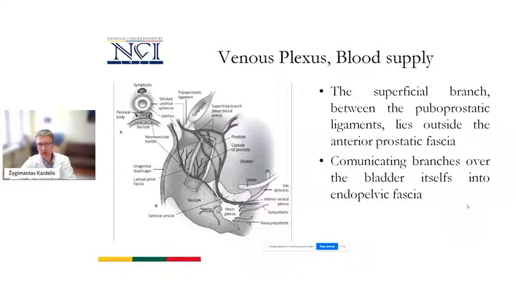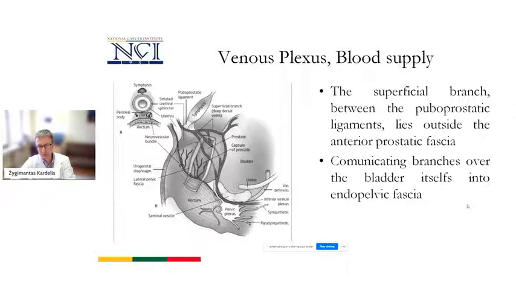Venous plexus and blood supply. The superficial branch between the puboprostatic ligaments lies outside the anterior prostatic fascia. Communicating branches over the bladder itself go into the endopelvic fascia. The common trunk above the urethra and the lateral venous plexus are covered and concealed by the prostatic and endopelvic fascia.